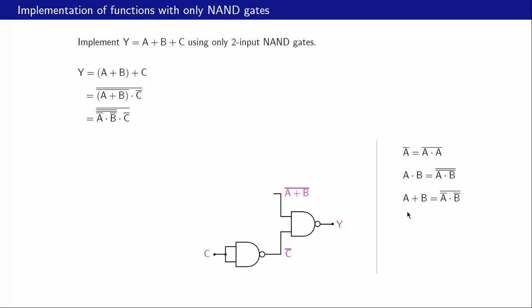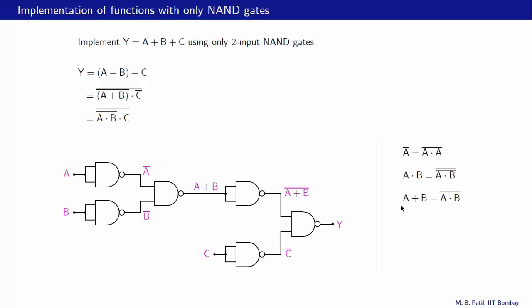So what we will do is we will generate A plus B bar from A plus B using the NOT operation, like that. So we have a NAND gate with inputs tied together. We apply A plus B here and then we get A plus B bar over here at the output. And now we know how to generate A plus B using this last equation, and that completes our implementation.